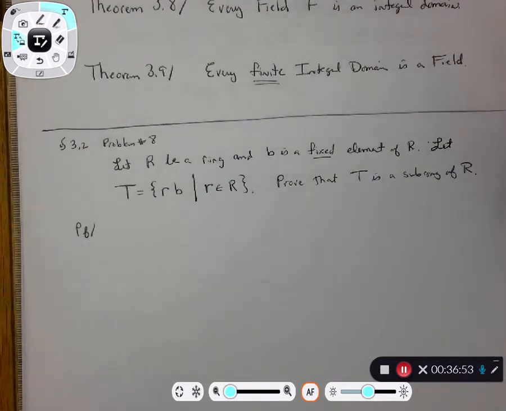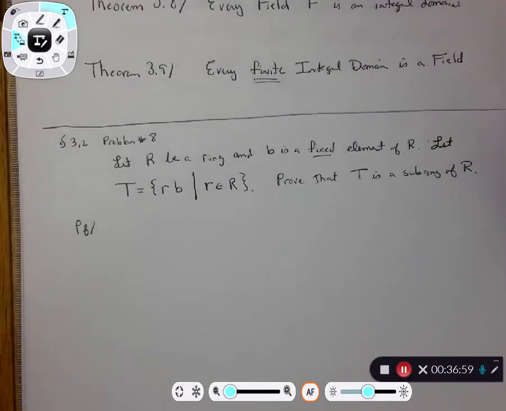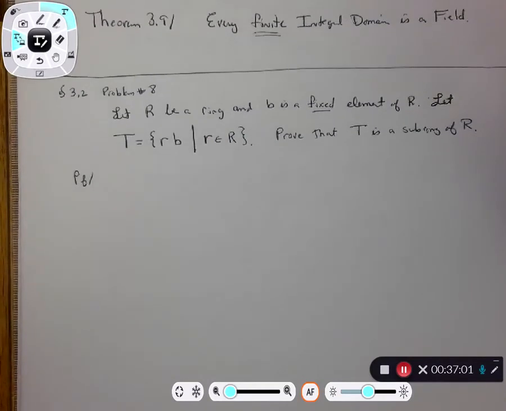So I decided to grab a couple of these problems out of your textbook to help you focus on the proof of a subring. Here is problem number 8 in section 3.2 right out of your textbook.